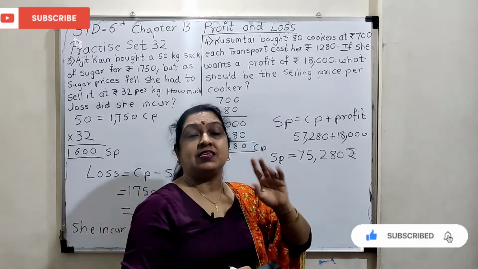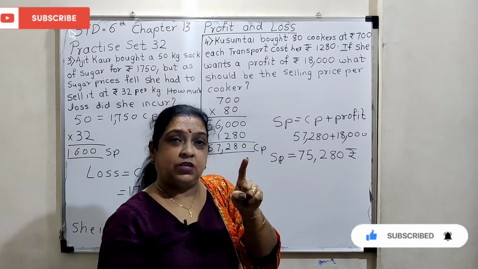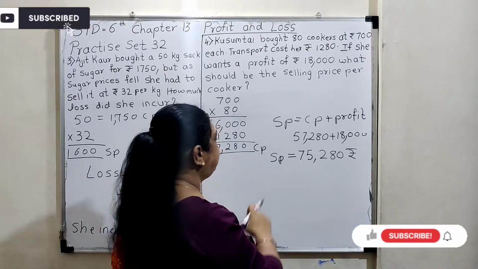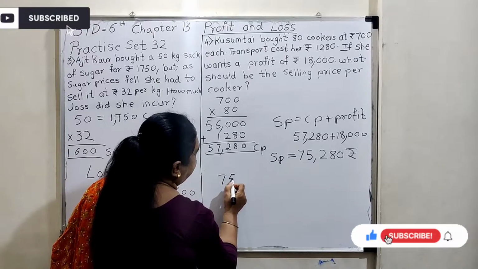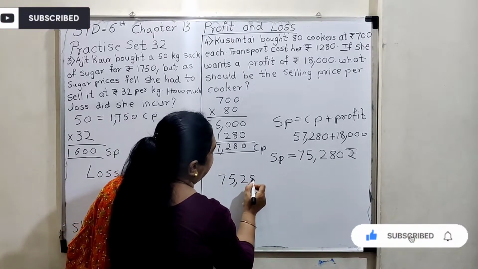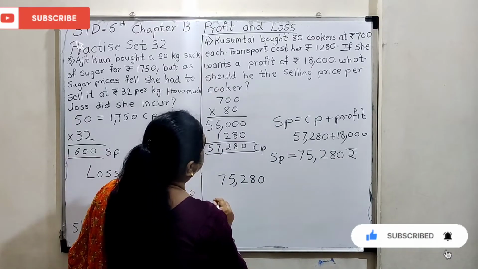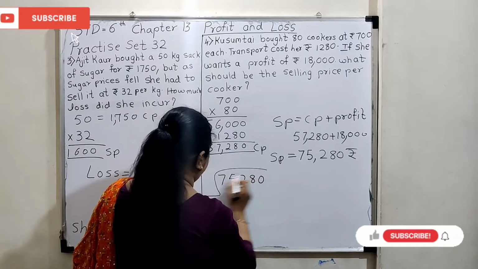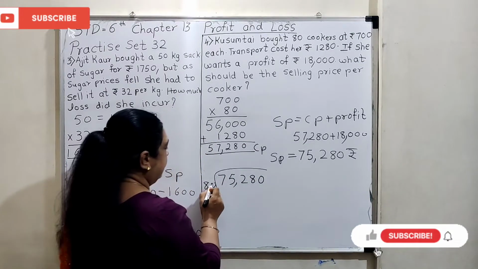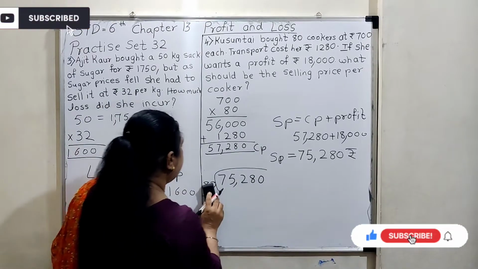They have also asked us one more question: what is the selling price of each cooker? So we have to divide this 75,280 by 80 cookers. You have to divide this, or you can also write it this way.